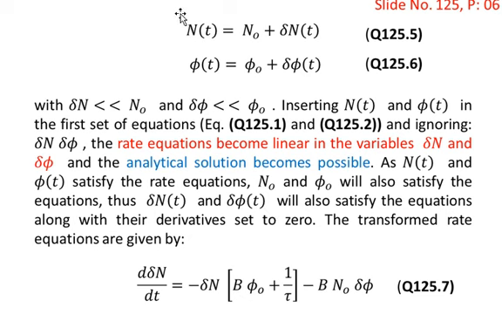So you see that n of t satisfies the rate equation, phi of t satisfies the rate equation. So their dependent variables, that is n naught and delta n, will also satisfy these equations. That is, they will satisfy the rate equation for the population inversion.